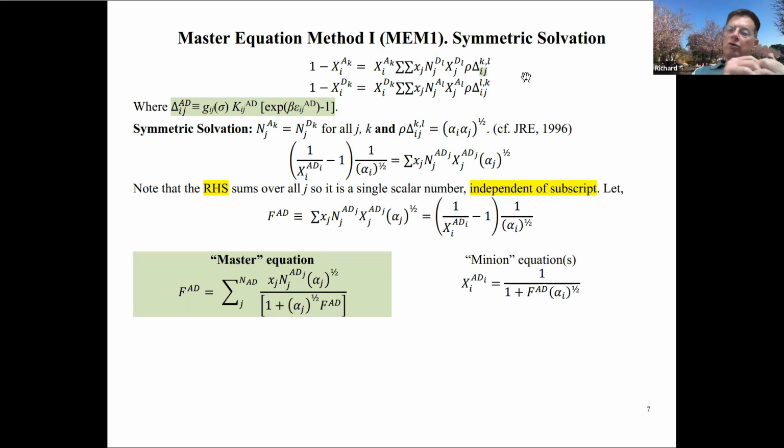So let's go back to MEM1 and make a brief review of that. The thing I want to point out in this set of equations I showed you before is that I factored out this XAI because it's not a function of J or L, okay? And I want you to pay attention to this subscript.